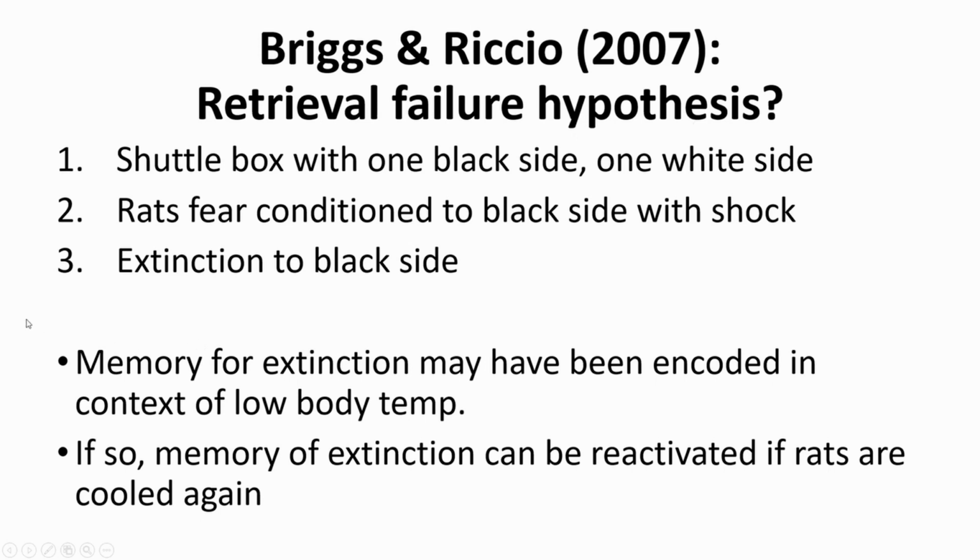And we're saying, okay, well, maybe the memory for that extinction process was encoded in the context of lowered body temperature. So maybe if we lower the rat's body temperature, we're going to give them another retrieval cue, and they might show that they actually did encode that information. They just didn't remember it while their body temperature was too high.